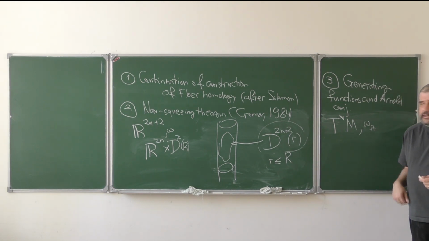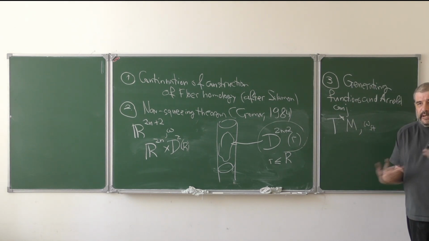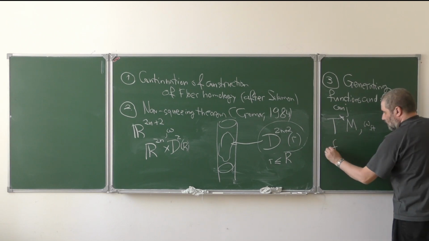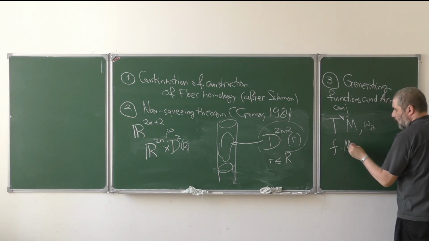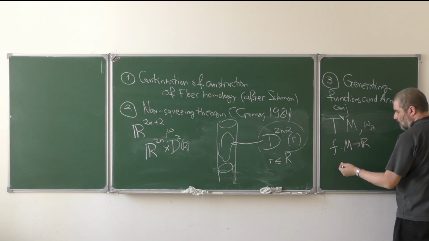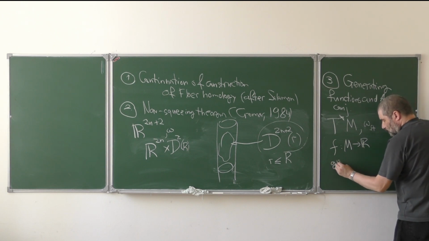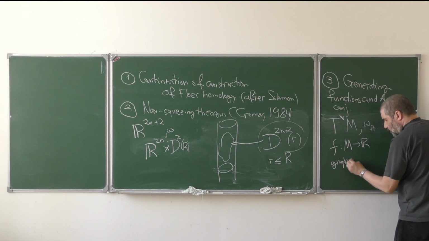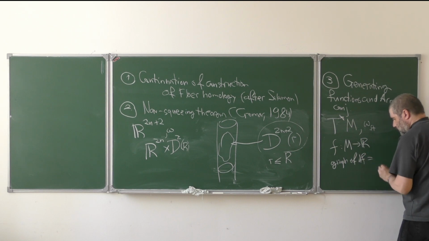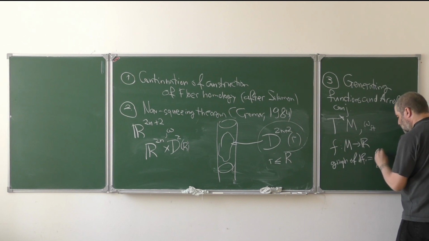One example is the graph of the differential of a function on M. For any smooth function f, we can consider the graph of df. By definition, it's the set of all pairs.